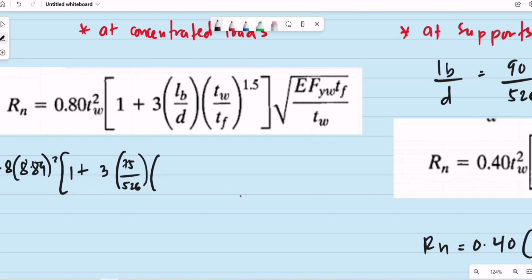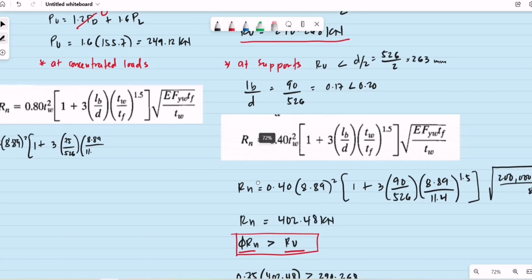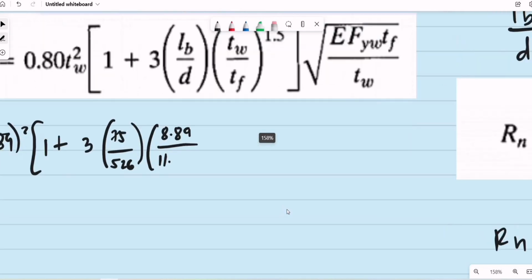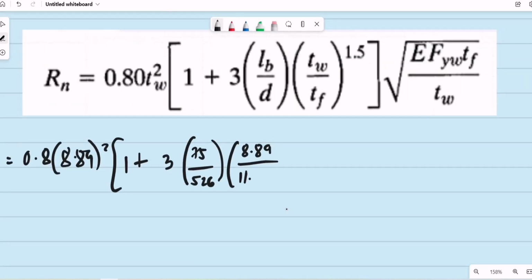Then the thickness of the web, 8.89 mm, divided by the thickness of the flange, 11.4, raised to 1.5.